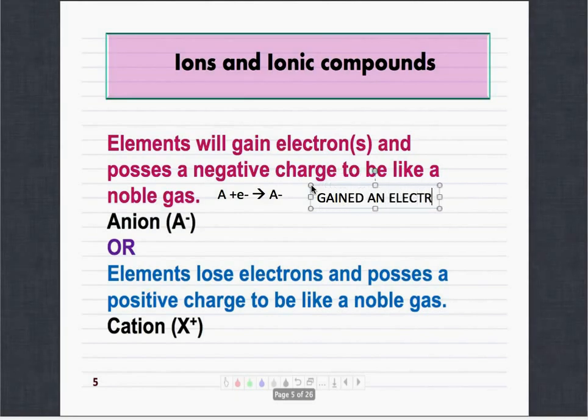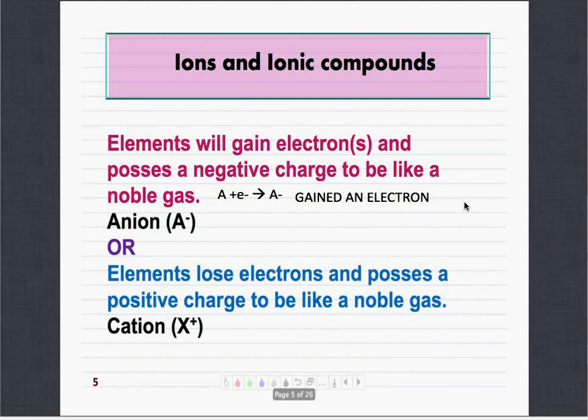Look at this, A plus 1 electron, it is A minus. Remember when we talked about the atom having an equal number of pluses and minuses, the number of protons equal to the number of electrons in a neutral atom? Now you added one more electron to that atom, and this is why it has the minus charge. So whenever you see A minus, any atom with a minus, that means that atom gained an electron, and it is called an anion.